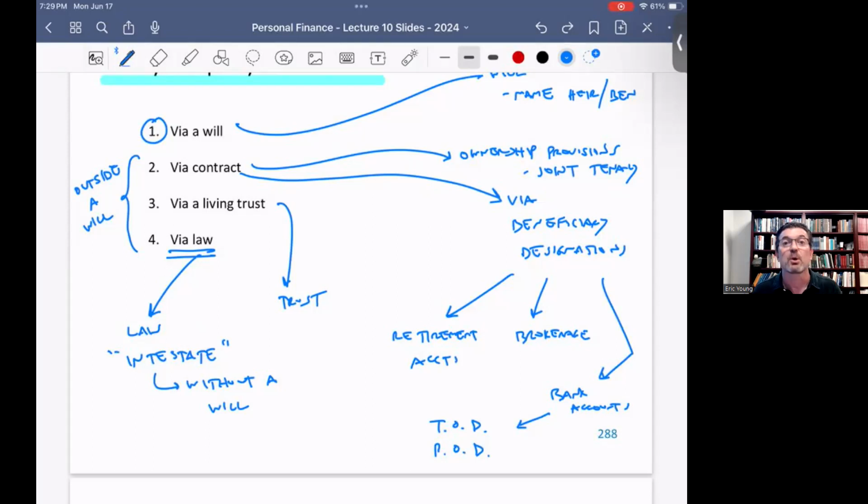You can imagine, let's go into a really bad case scenario. Imagine that you're in a committed relationship, unmarried, maybe same sex, maybe hetero. And let's say that your parents don't approve of your lifestyle or don't approve of your partner. If you die without a will, there's a very good chance that your parents could legally say they don't get a dime.